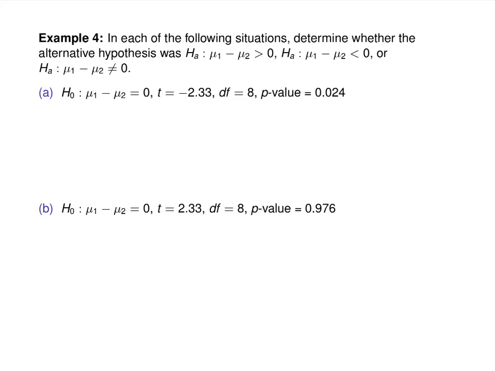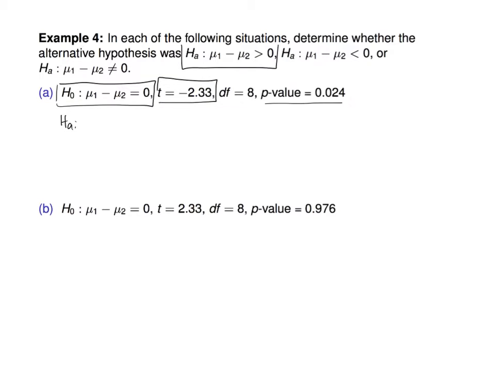Okay, so this isn't a spectacularly awesome question, I'm sorry. When you're testing for a difference in population means, does it make sense that H naught is always that mu1 minus mu2 equals 0? Because nothing going on means the means are equal, right? Okay, and they have a p-value of 0.024. So now you have three options for HA.